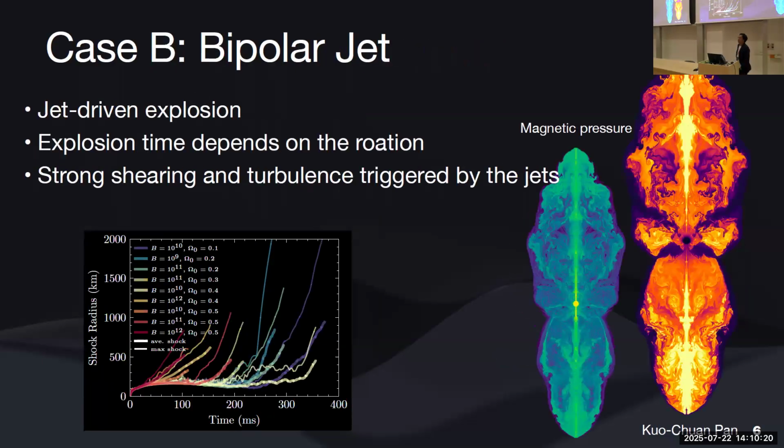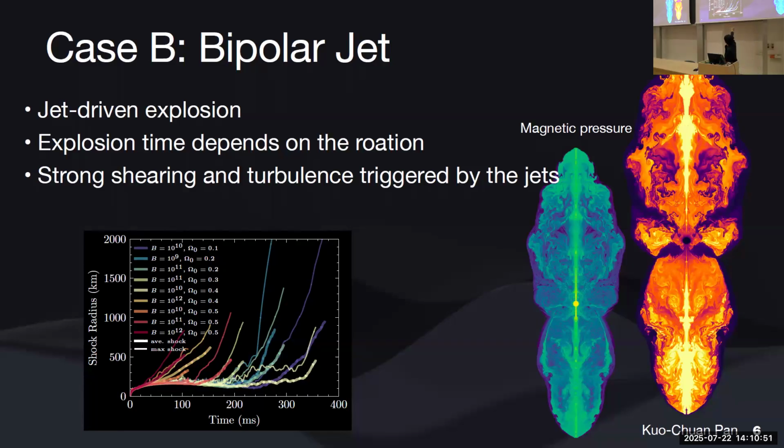And the other case is the bipolar jets, where you can launch two very energetic jets, and along the jet front you can have very high shearing that can produce Kelvin-Helmholtz instability and turbulence. But one thing I want to point out is that these are all the cases we have done that show bipolar jet morphology.